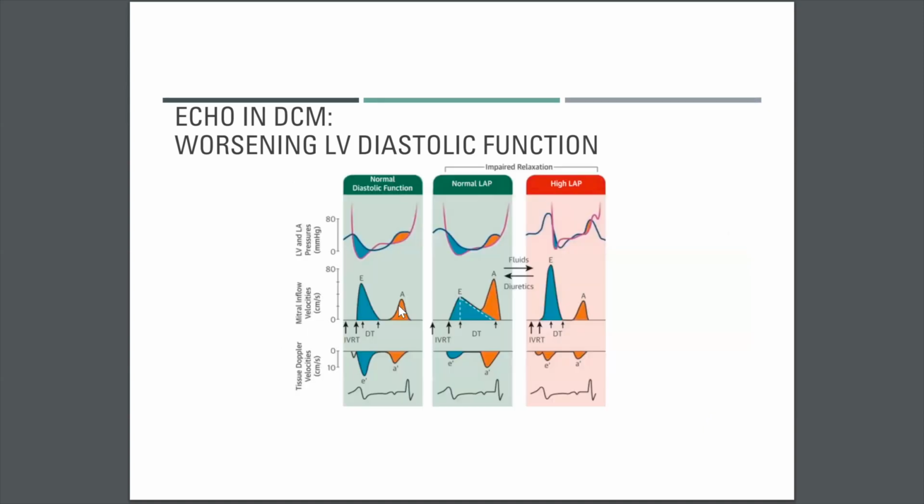The reason why this happens is that as you approach higher filling pressures, when the mitral valve opens, there's rapid equalization of left atrial pressure and left ventricular pressure. So most of your filling is immediate and it stops because the pressure gradient disappears.